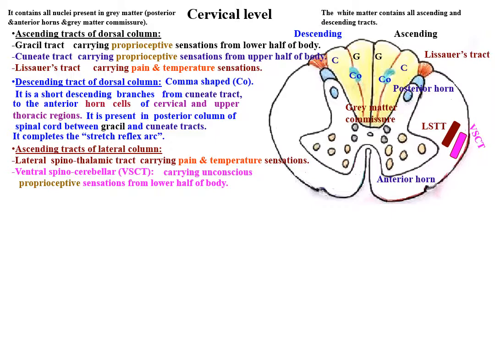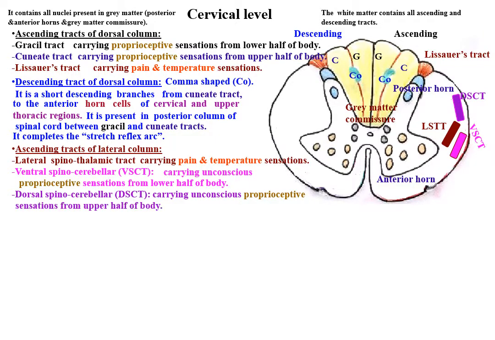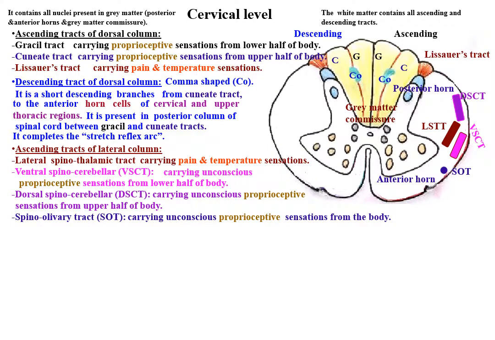Dorsal spinocerebellar tract carrying unconscious proprioceptive sensations from the upper half of the body. Spino-olivary tract carrying unconscious proprioceptive sensations from the body. Spinotectal tract carrying pain and temperature and simple touch sensations from the body.